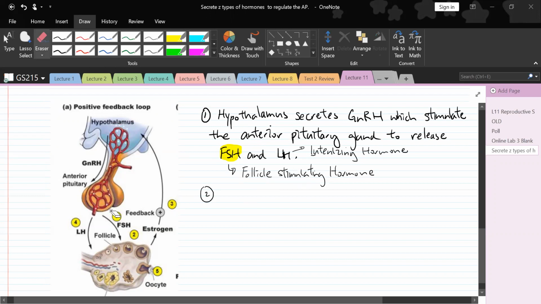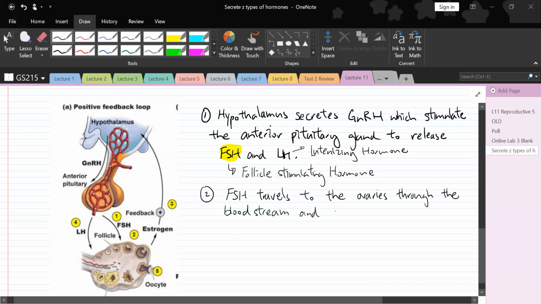Then the follicle stimulating hormone will travel through the bloodstream all the way to the ovaries. And as the name implies, the function of FSH is to stimulate the follicle. So FSH travels to the ovaries through the bloodstream and stimulates a follicle to develop.